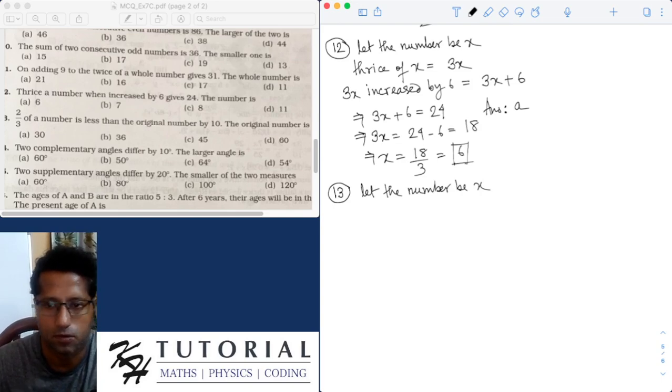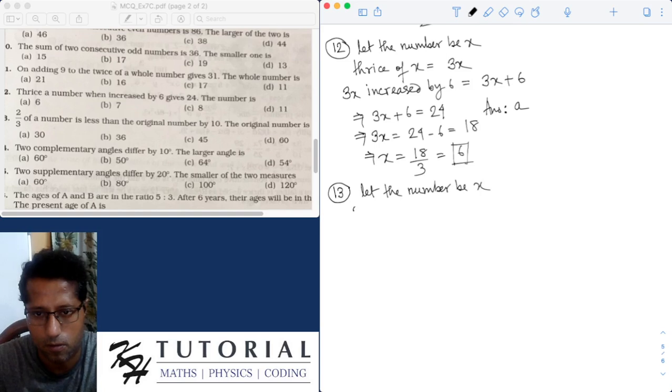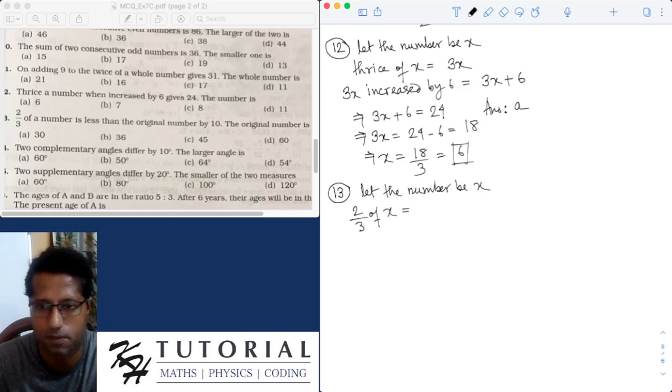Now 2/3 of the number, which is x, is nothing but, of operator means multiplication. So that is 2 by 3 x. Okay, it is saying that the 2/3 of the number we have found to be 2 by 3 x. This is less than the original number by 10.